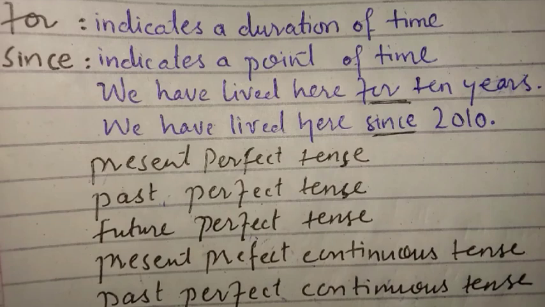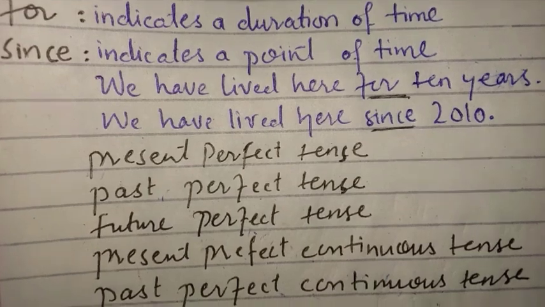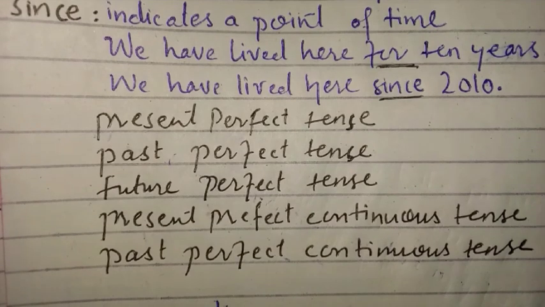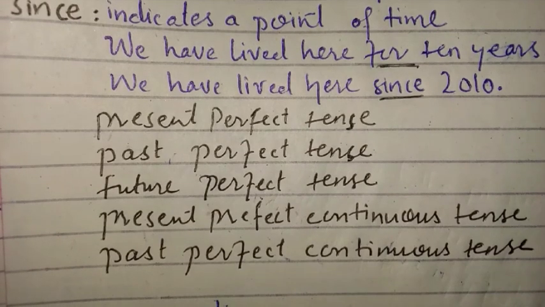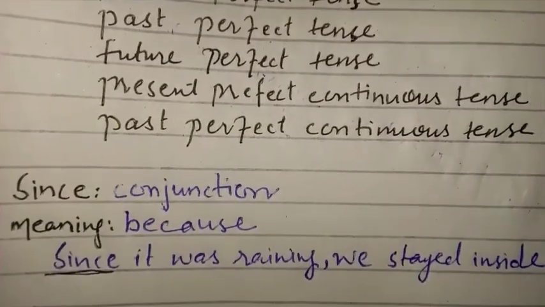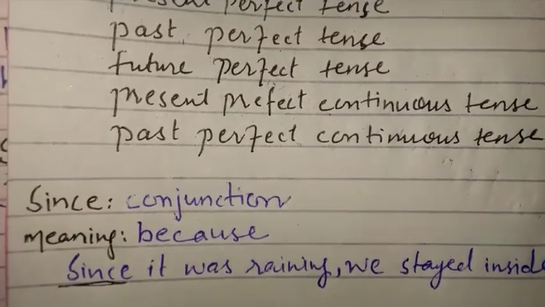Whereas since indicates an exact point in time, like we have lived here since 2010. These since and for are mostly used in the present perfect, past perfect, future perfect, present perfect continuous, and past perfect continuous tenses.